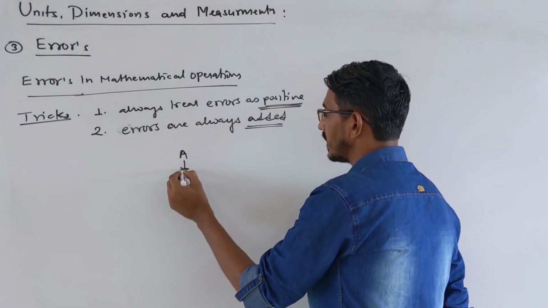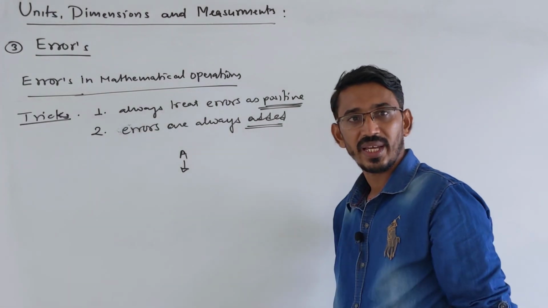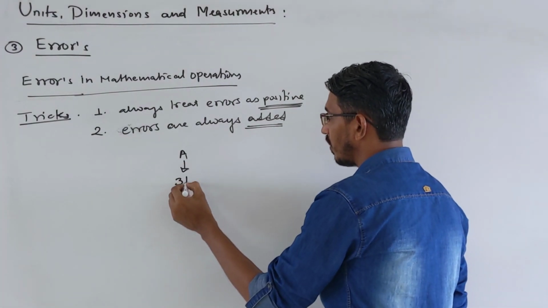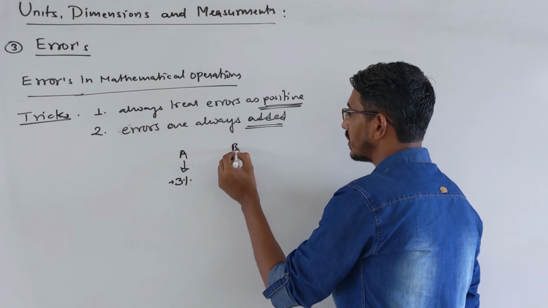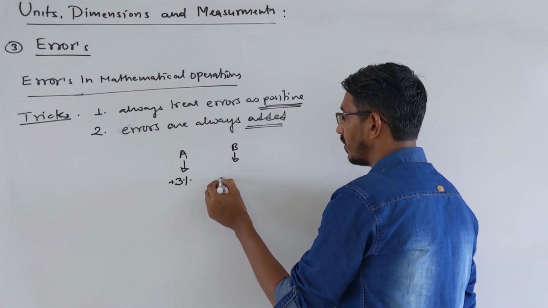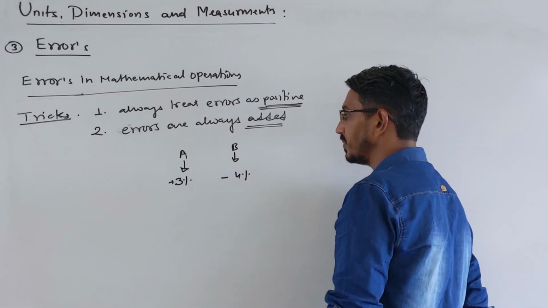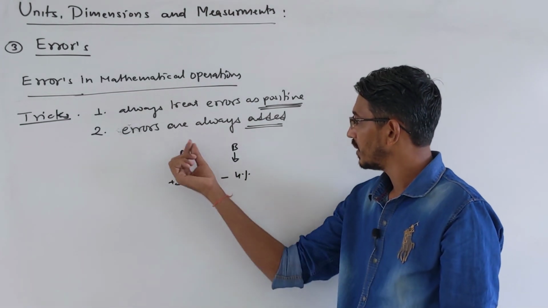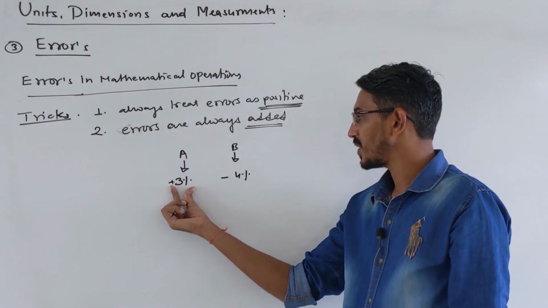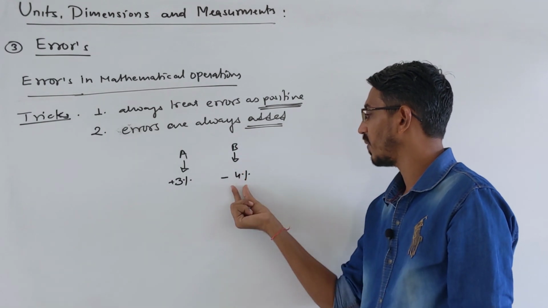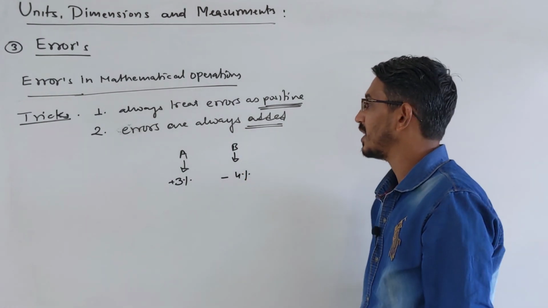Student A is doing some test, and this student made an error of plus 3%, and student B made an error of minus 4%. These are two students. Student A made an error of plus 3%, and student B made an error of what? Minus 4%.